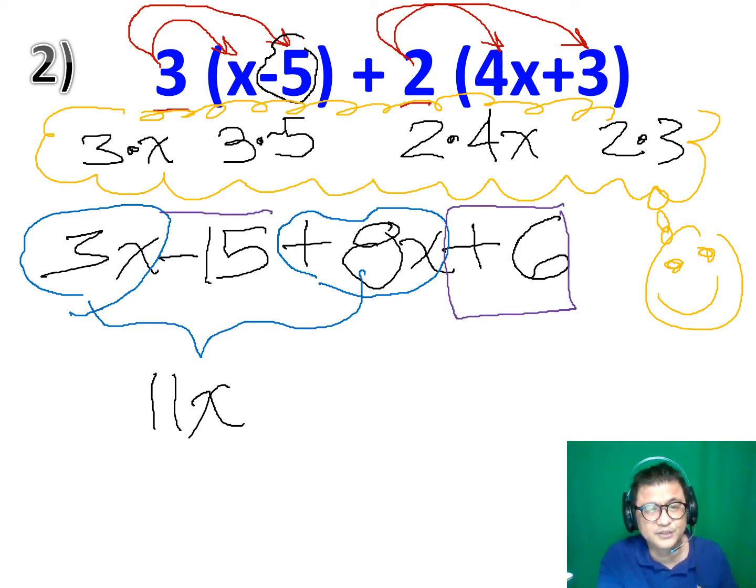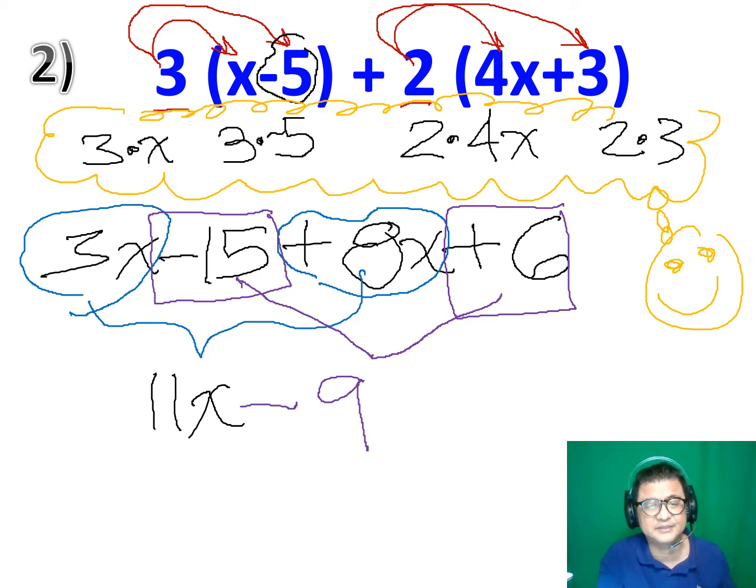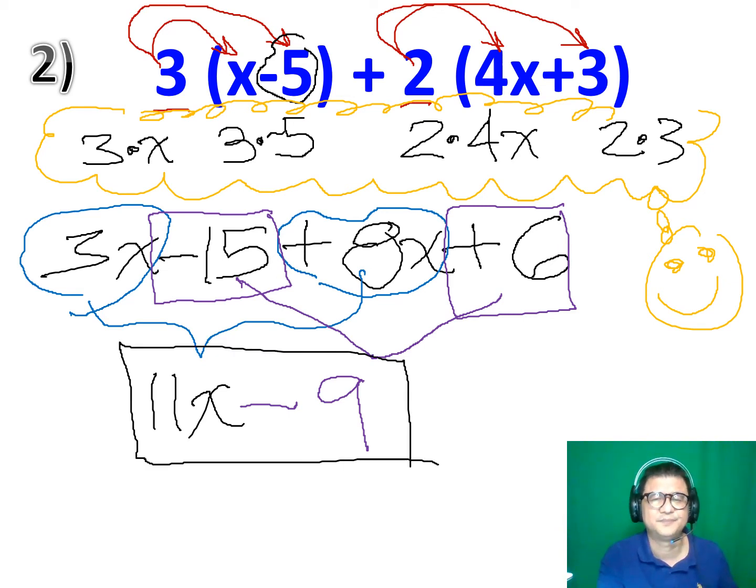Another square for negative 15. Take note, that's not 15 but negative 15. Negative 15 plus positive 6 is a 9, right? Subtract them because they have different signs and copy the sign of the bigger one, negative, so you're the minus. Okay? So that's the answer.